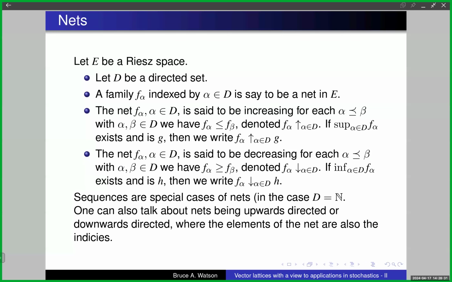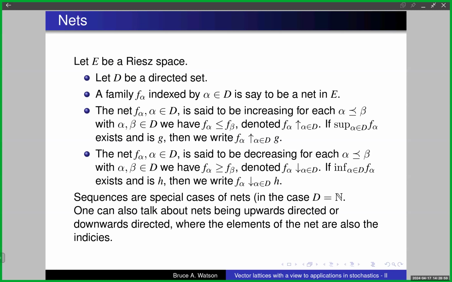These special nets are the two special classes of nets. We say a net is increasing if whenever alpha is below beta in our index set, then f_alpha must be less than or equal to f_beta.